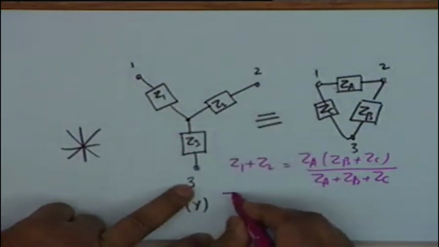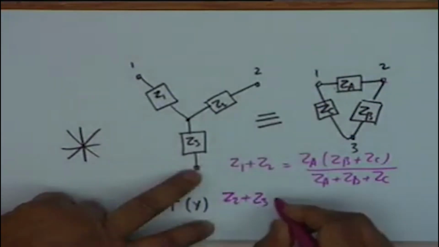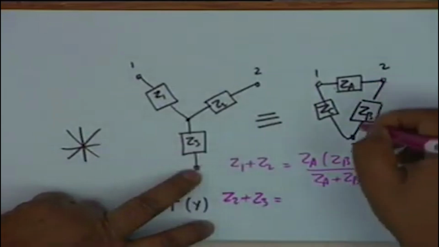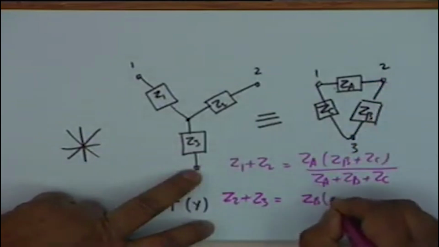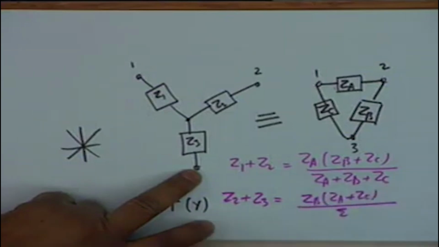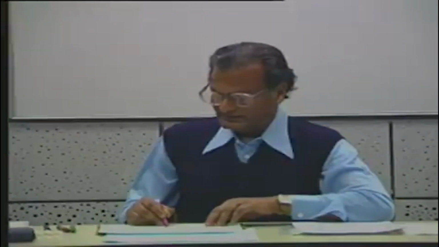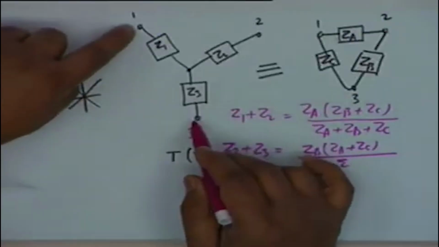So, the other measurement can be Z2 plus Z3, that is between 2 and 3, leaving 1 open, and this shall obviously be between 2 and 3. So, ZB times (ZA plus ZC) divided by the sum of the 3. Let us call it sigma. All right. The third equation shall be measured between 1 and 3.